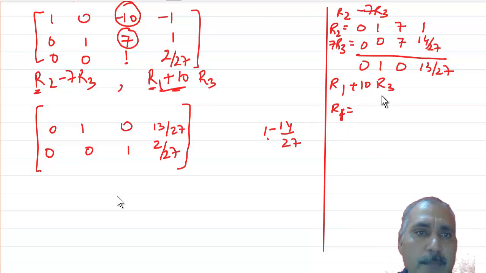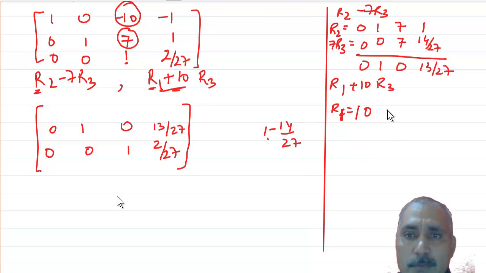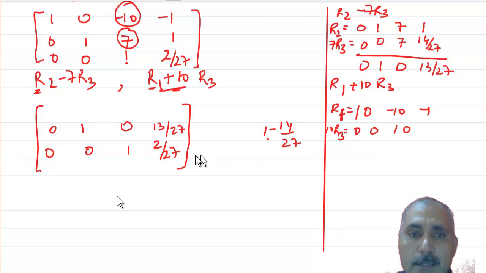So R1 elements are 1, 0, minus 10 and minus 1. And 10 times of R3 is going to be 0, 0, 10 and 2 by 27 into 10 times of this one.